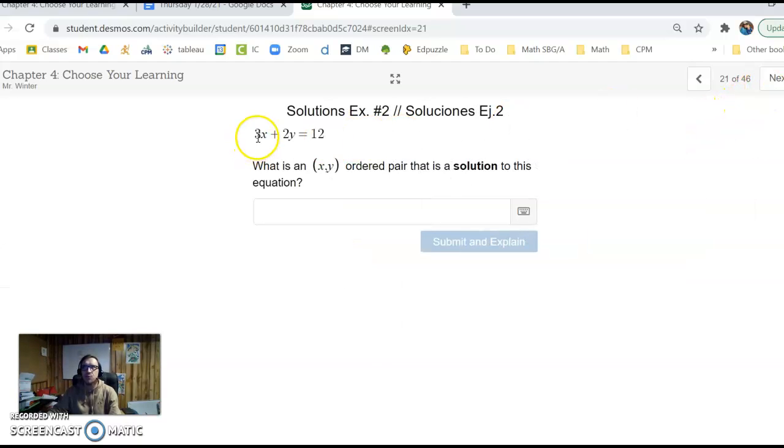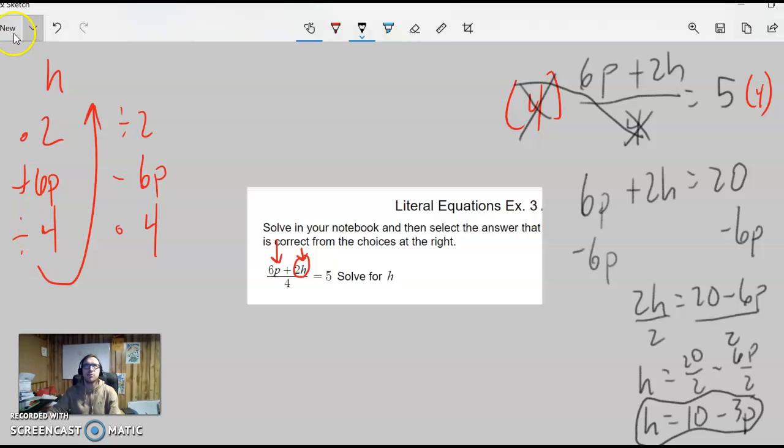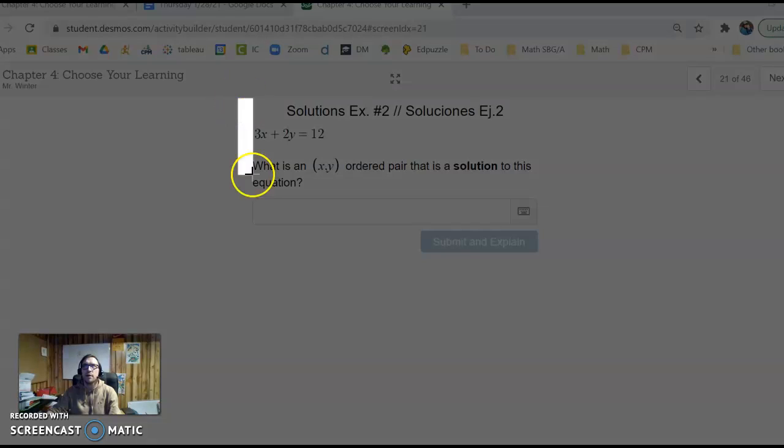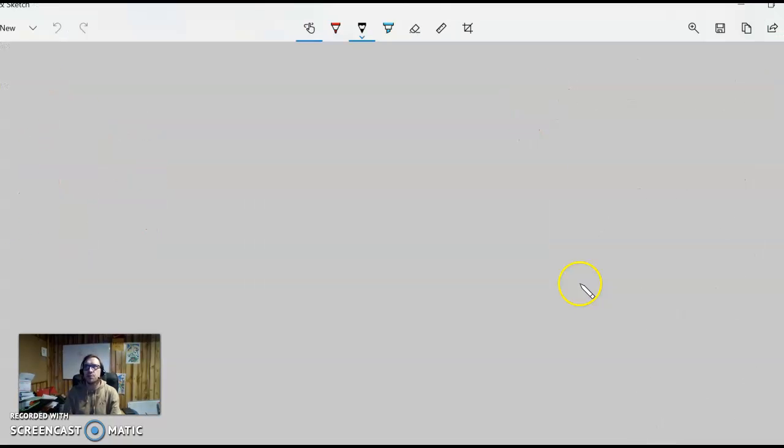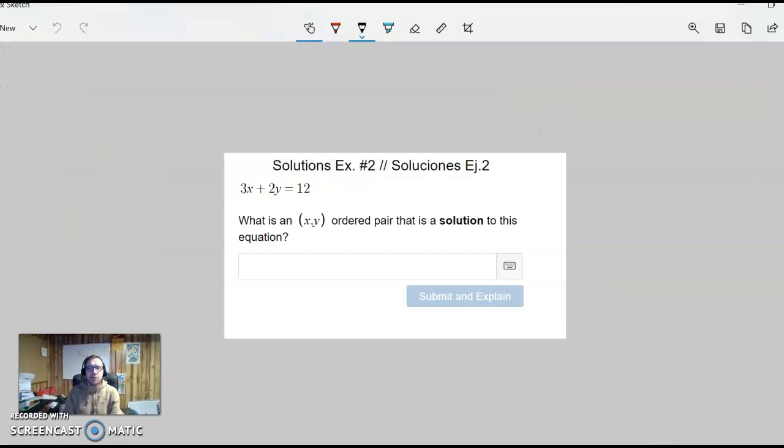And if you look at this one, same idea. 3x plus 2y equals 12. Two of the easiest solutions to this are called the intercepts. To find the y-intercept, let x equal 0.